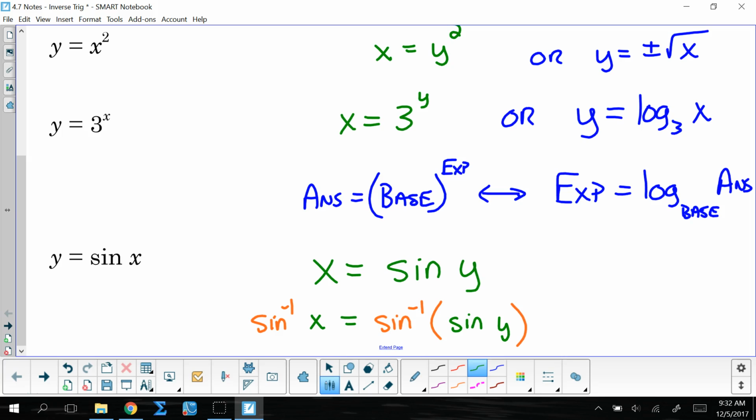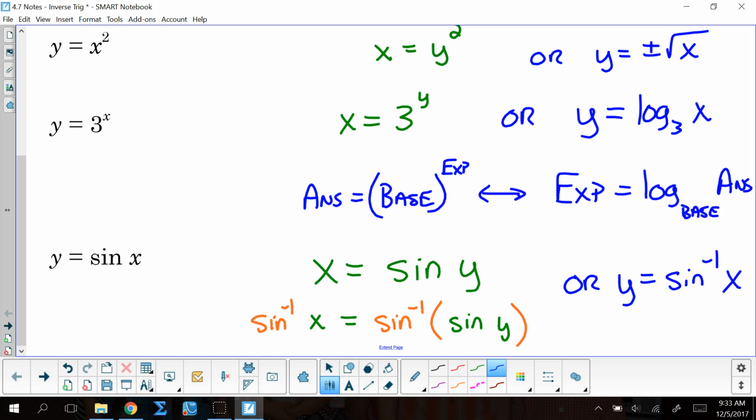If I take the 4th power and I take it to the 4th root, that's a wash, right? Okay, so 4th root, 4th power, those wash each other out. Okay, so this is going to end up being here y equals the inverse sine of x.